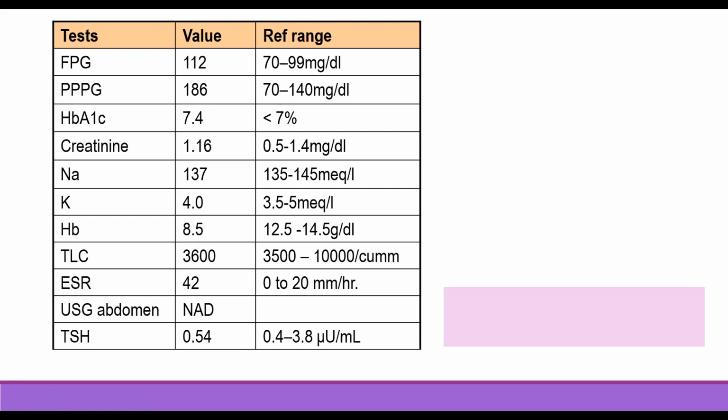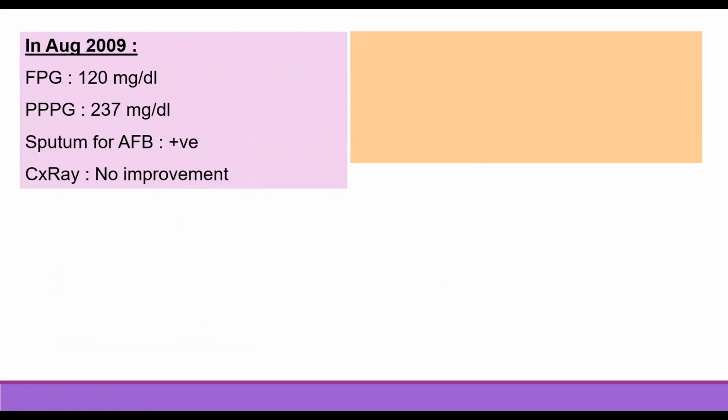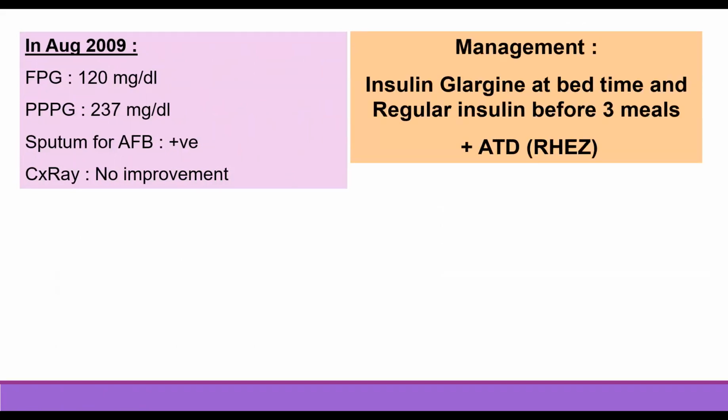So we did an X-ray and found that the patient actually had tuberculosis. So we started insulin therapy and antibiotics, and over a period of time he was evaluated and found to be sputum positive, and there we shifted the patient to Glargine at bedtime, regular insulin 3 times, and the anti-tubercular drug.